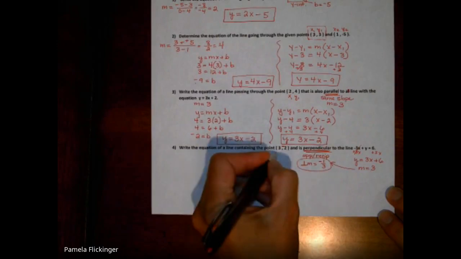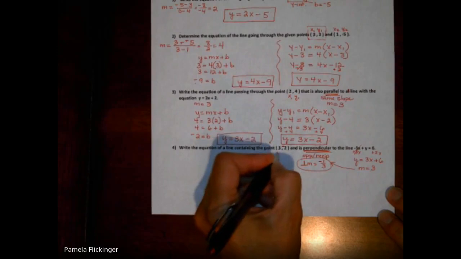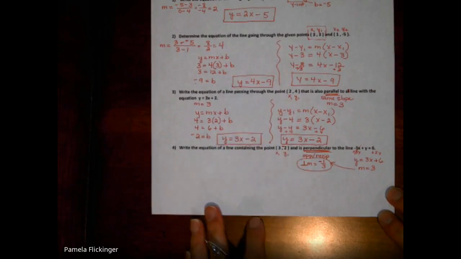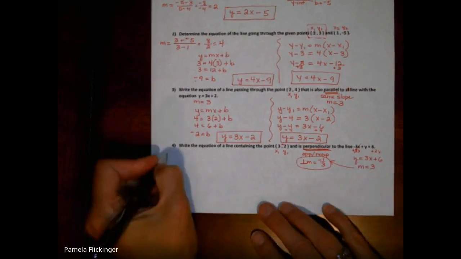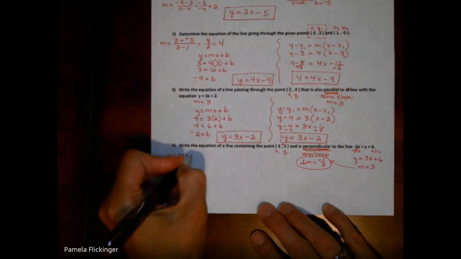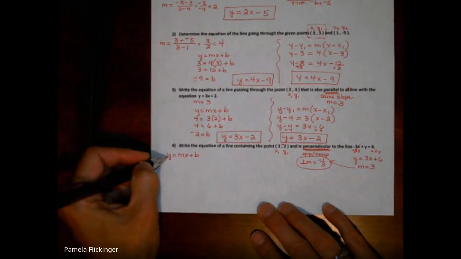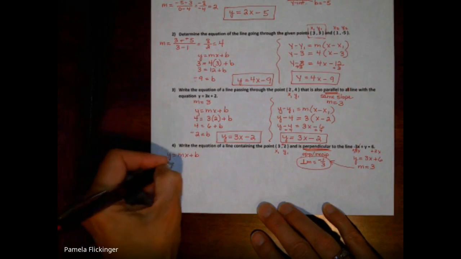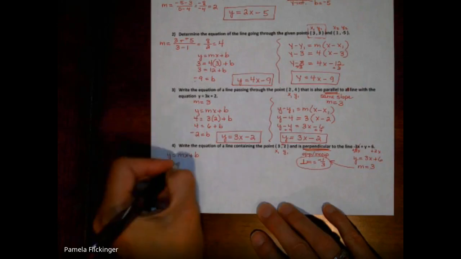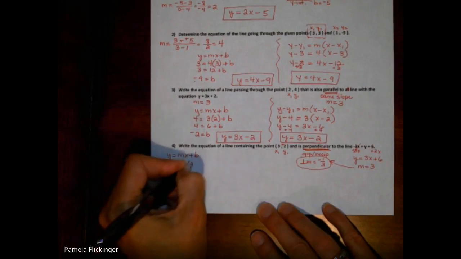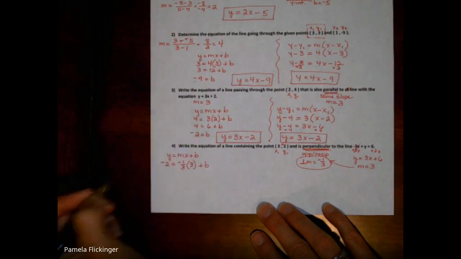All right, the 3, negative 2 are going to be the x and the y that go into one of our 2 equations. Let's start with the first one, y equals mx plus b. So I would put the y coordinate, which is now negative 2. I would use the perpendicular slope, which is negative 1/3, times the x, which is 3, plus b.